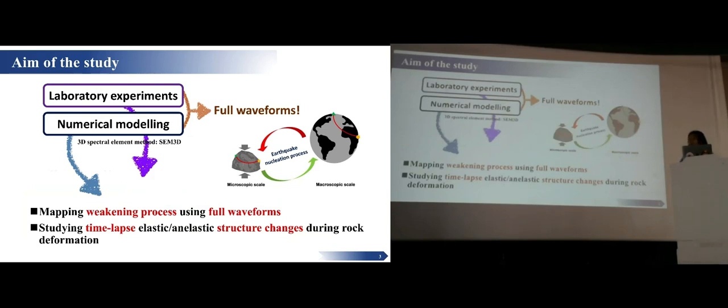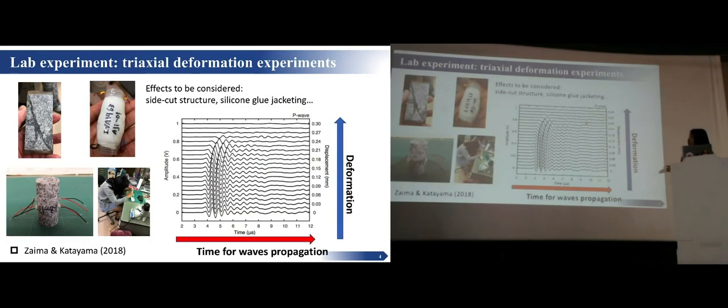So in my PhD thesis, we want to combine laboratory experiments and numerical modeling using the SEM3D software, using the full waveform to map the weakening process and also study time-lapse structure changes during rock deformation. We expect to bring something we observe at small scale to answer some big questions at big scale, to know the earthquake nucleation process. So this is what I did.